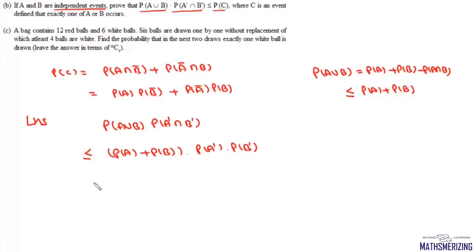Now it will be this PA into PA naught into PB naught plus PB into PA naught into PB naught.